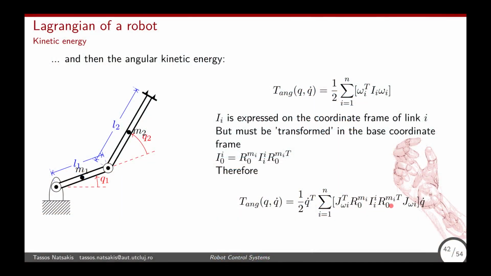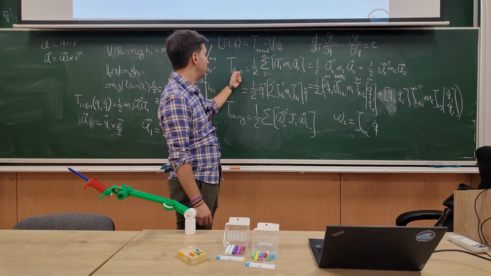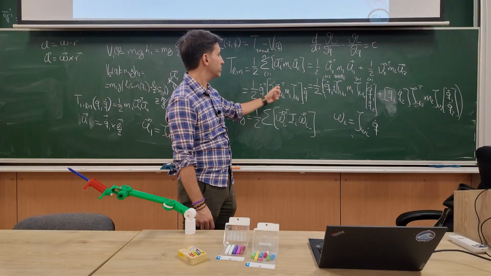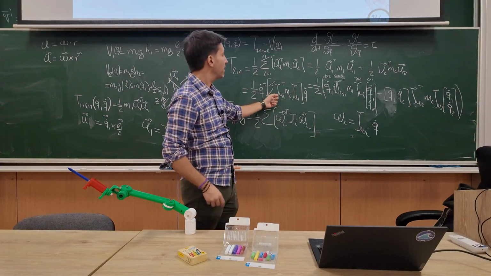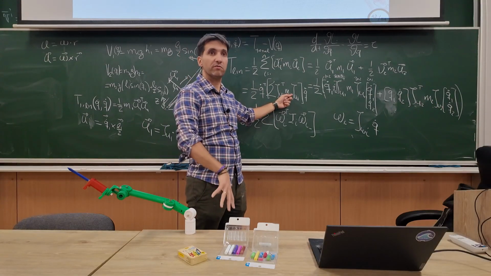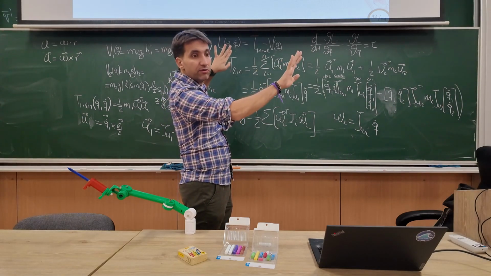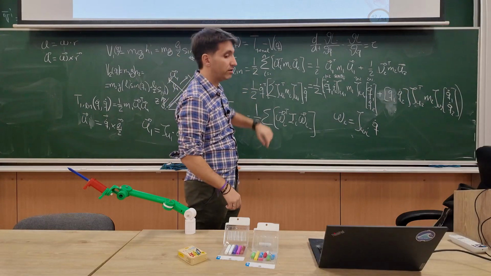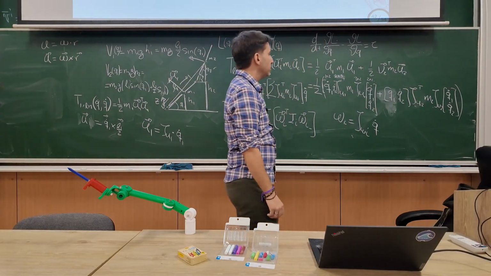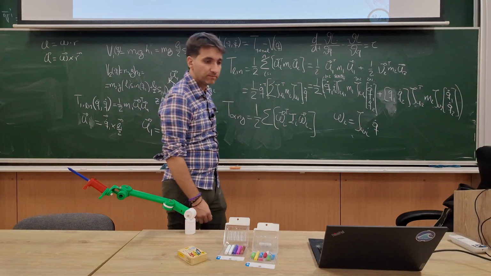So if I take all these things into consideration, I basically can rewrite the angular kinetic energy in this form, which is similar to this form, where instead of linear kinetic energy, I have angular kinetic energy, and instead of linear Jacobian, I have angular Jacobian, and instead of masses, I have the moments of inertia transformed in the reference frame. But you see again, Q dot and Q dot transpose get factored out. So when I'm trying to calculate the total kinetic energy, I'll take the sum of these two.